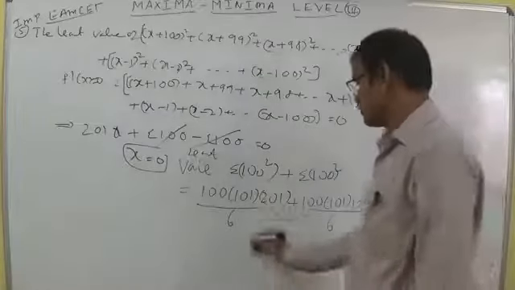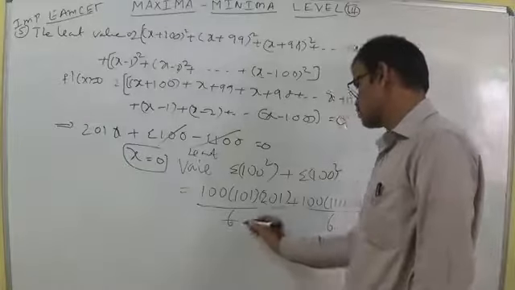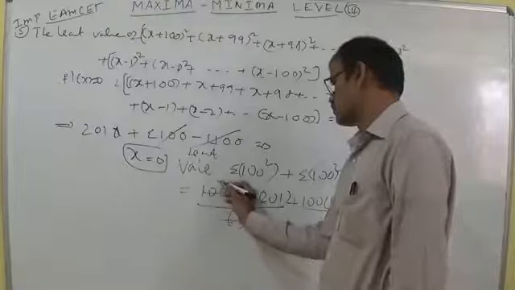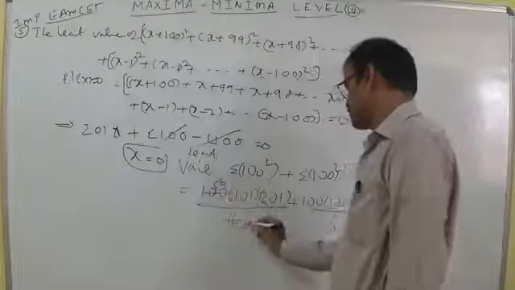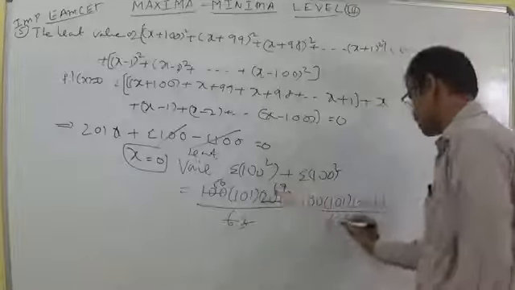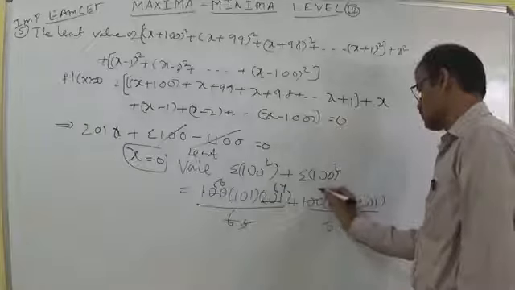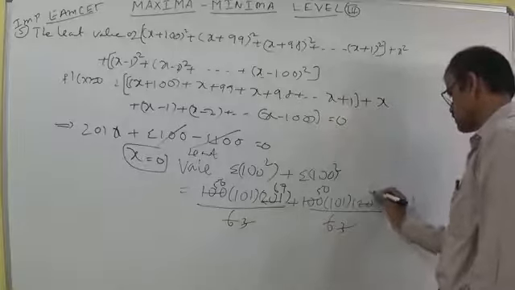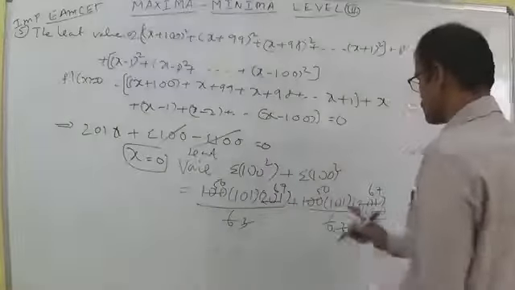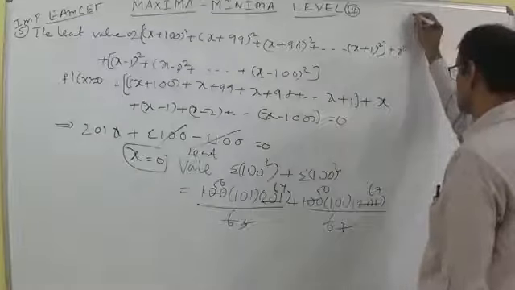100 into 101. Here 2 table 3 times, here 2 table 50 times, 3 table 67 times. So we get 50 into 101 into 67 plus 50 into 101 into 67.